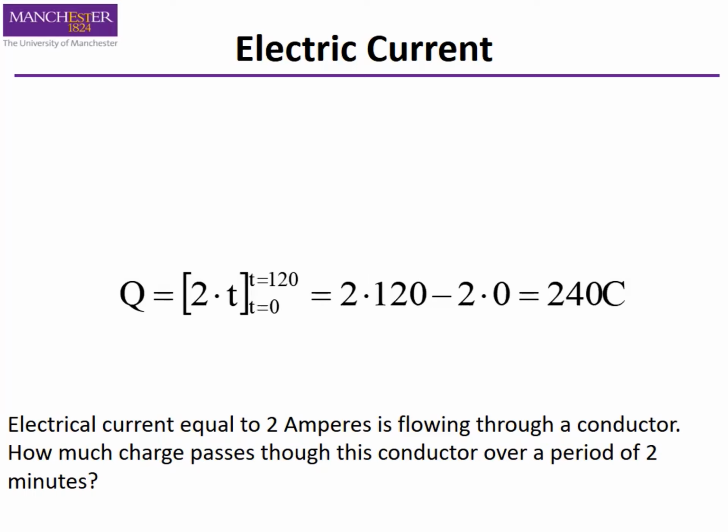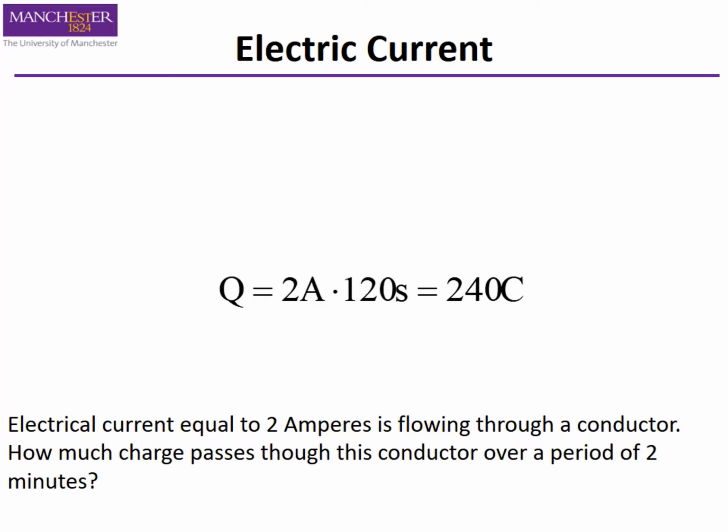So we simply get the charge by multiplying current with time, and the answer is 240 coulombs. So if we have 2 amperes flowing through a conductor for 2 minutes, then we have 240 coulombs of charge that has passed through the conductor.